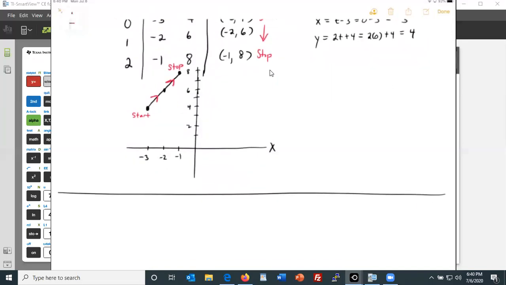The next thing we're going to do, and we're going to split this into two parts, is finding the rectangular equation from a parametric equation.